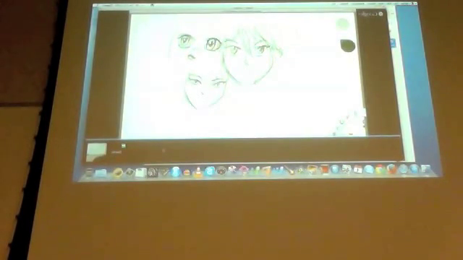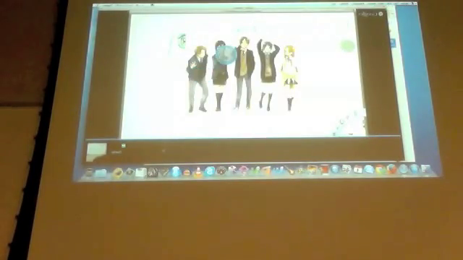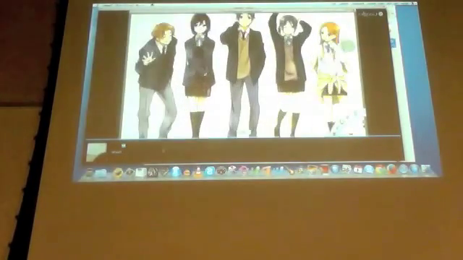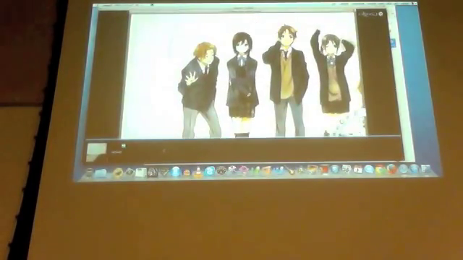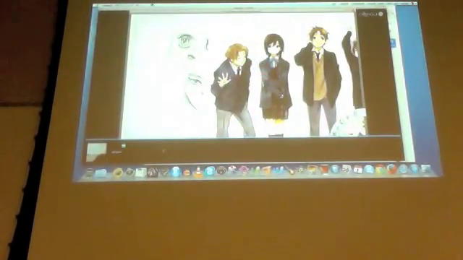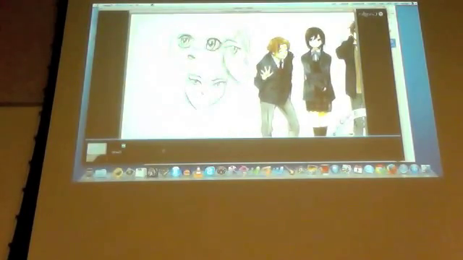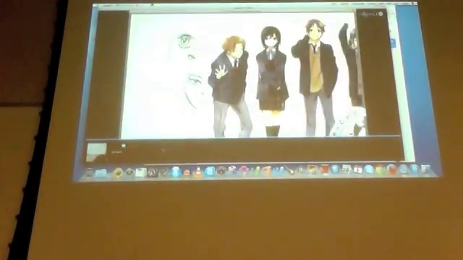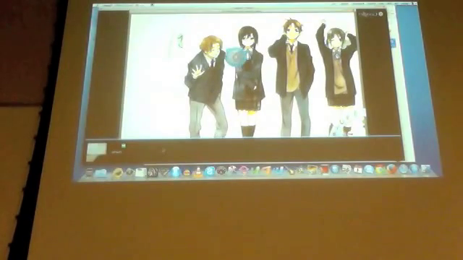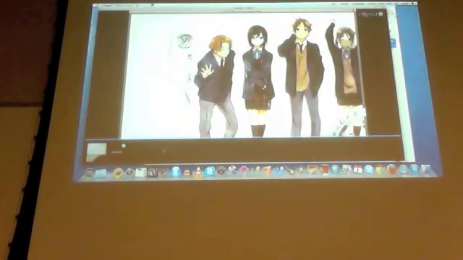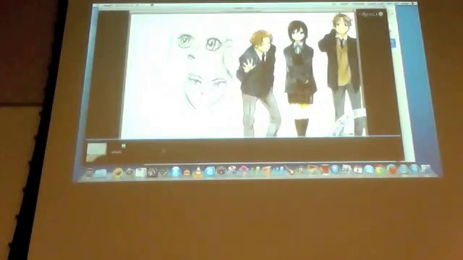All right, so this is a style that's very young looking, but it's very based off, as you can tell, the eyes. The eyes are huge compared to any other feature in the face. So really, all you see in these characters are eyes and hair, or at least massive eyes.